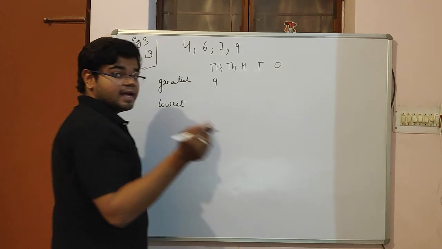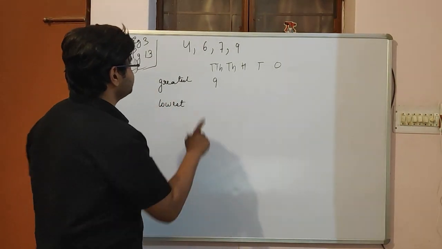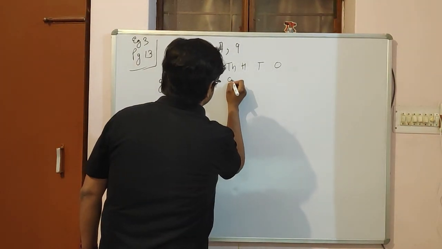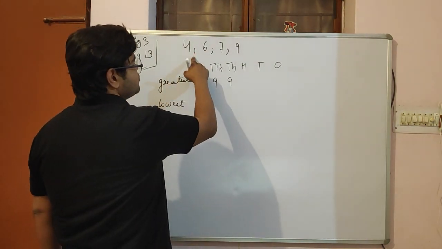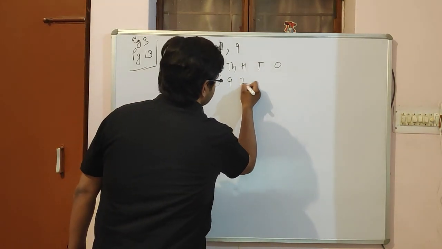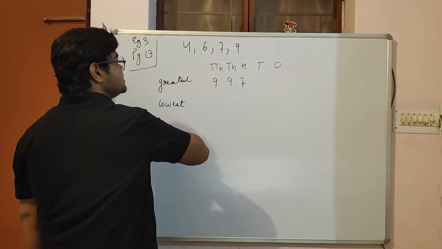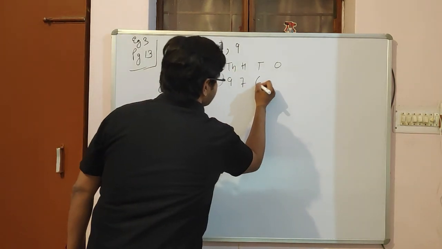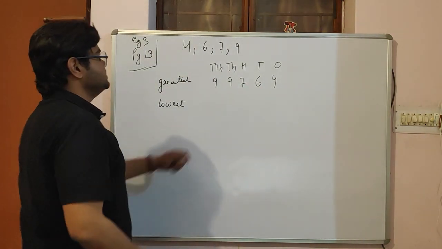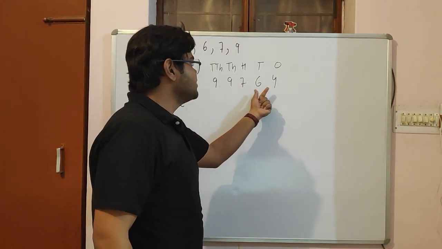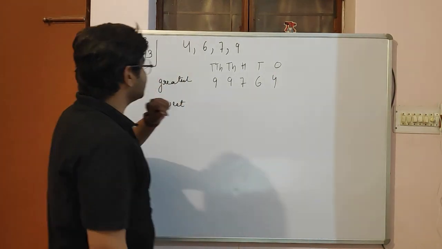And we can repeat any of the digits twice. So we'll be repeating 9. Now, after 9, which is the greatest digit out of 4, 6, 7? 7. After 7, which is the greatest digit? 6. And after 6, we have 4. So 99,764.